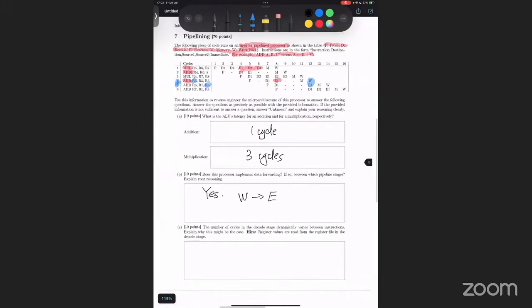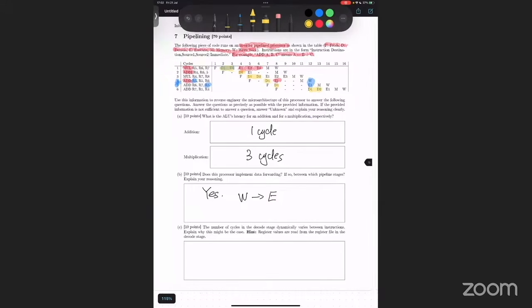So the next question: we observe in this pipeline diagram that the decode stage takes a variable number of cycles, sometimes 1 cycle, sometimes 2 cycles.